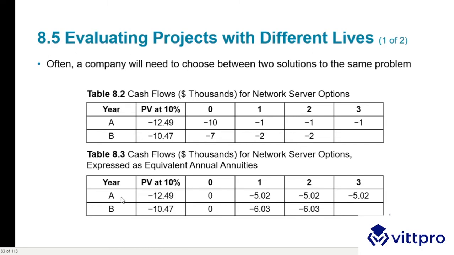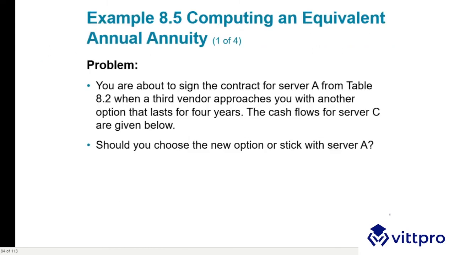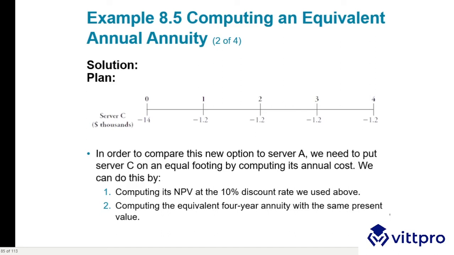Now there is another option introduced, option C, where you will have a cash flow of -14, -1.2, -1.2, -1.2, and -1.2. What I want you to do now is calculate the net present value at 10%, and then calculate the equivalent 4-year annuity at the same present value.